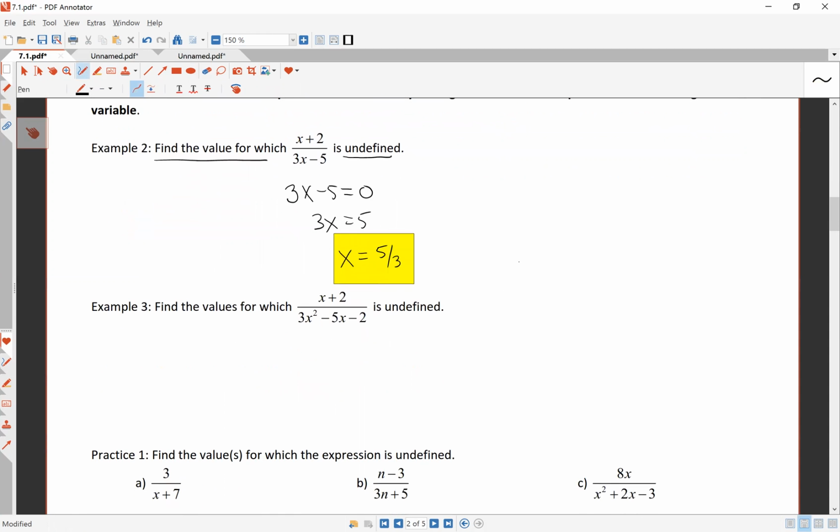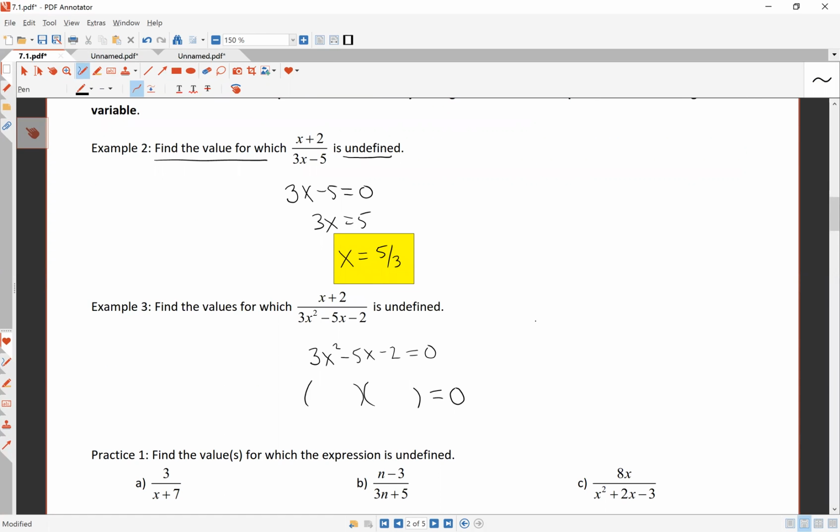If your denominator is a quadratic function like 3x squared minus 5x minus 2, what makes that undefined is when 3x squared minus 5x minus 2 is equal to 0. Knowing when that becomes 0 amounts to factoring that. And we have to factor 3x squared minus 5x minus 2 in order to figure out when it equals 0.